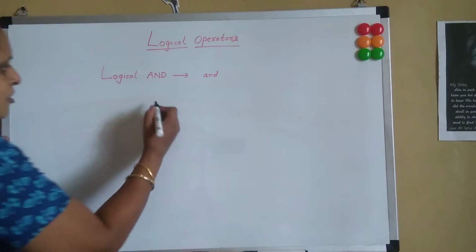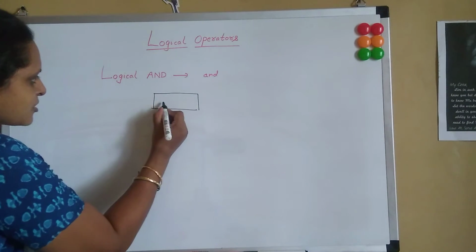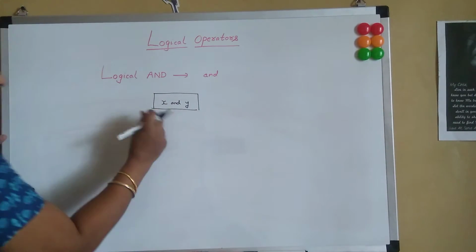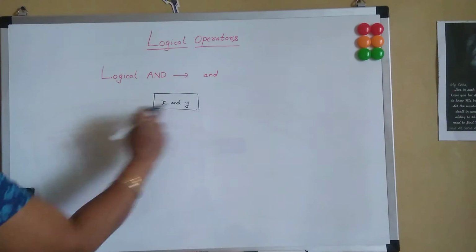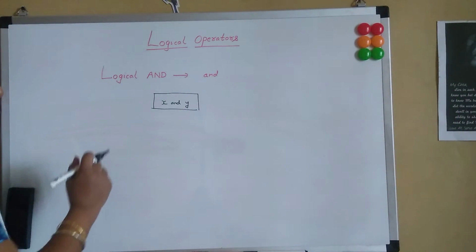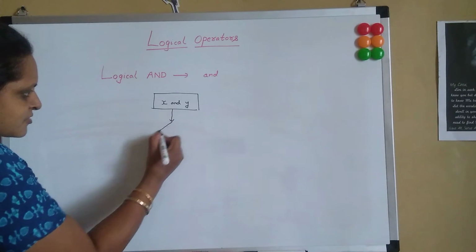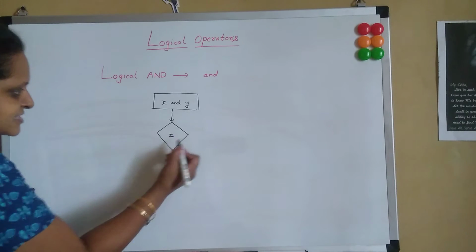For logical AND, suppose there is an expression called X and Y. Here X represents one test expression and Y represents the second test expression. Firstly, it checks the X test expression.